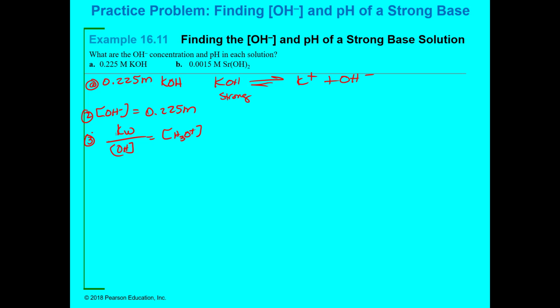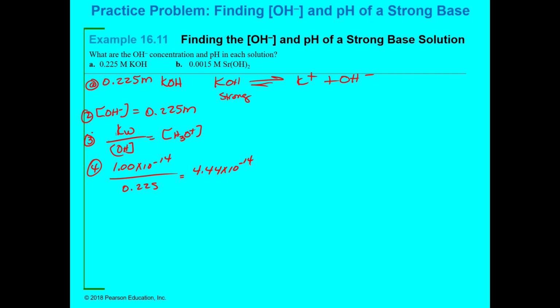Or, if you do it that way, then 1 times 10 to the minus 14 divided by 0.225 is going to give you, let's see where I got it, 4.44 times 10 to the minus 14, okay?